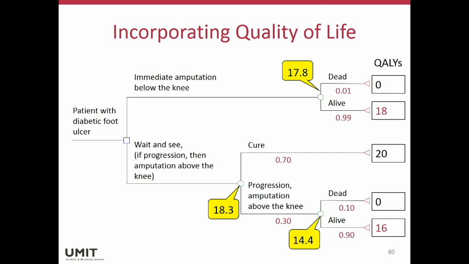The lower branch, right? So we delete this now. So the decision changed because we have incorporated quality of life, which makes sense. But had the difference between the two amputations been smaller, or had the numbers been closer to 1, had people not so much cared about foot, then we would still be on the other side. So it really depends on what numbers you got from that patient.